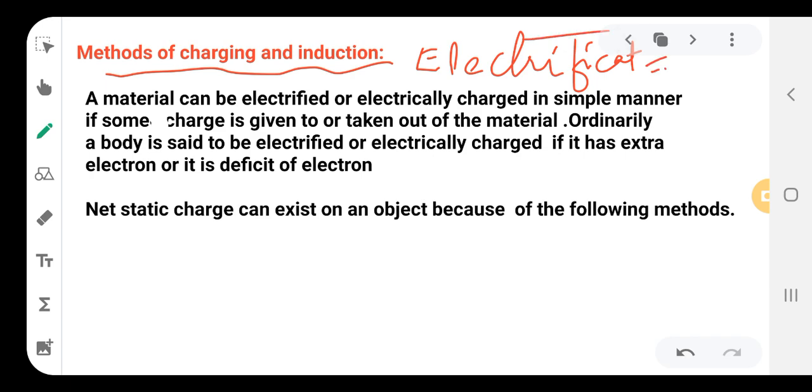A material can be electrified or electrically charged in a simple manner if some charge is given to or taken out from the material. A body is said to be electrified if it has an excess of charge, or a deficit of electrons. Deficit means less.